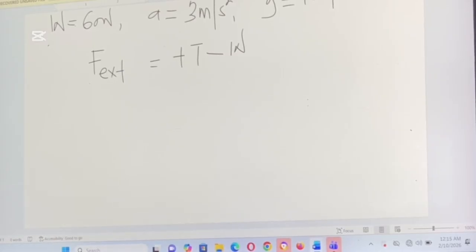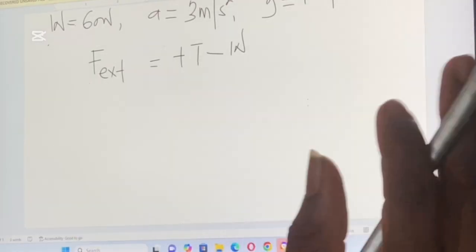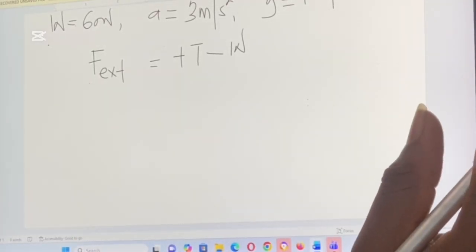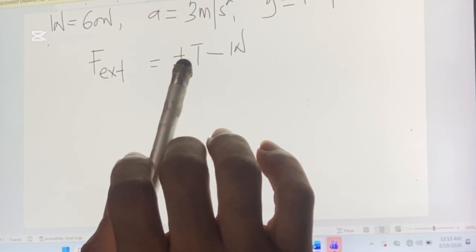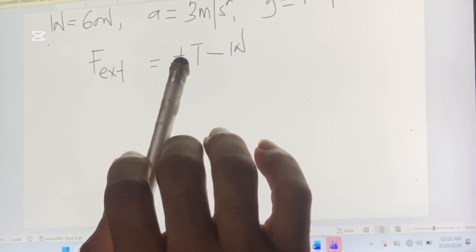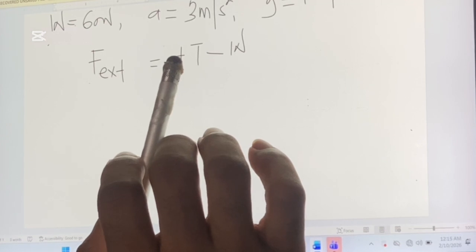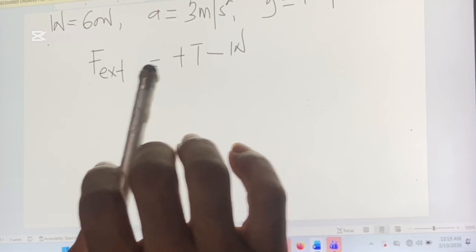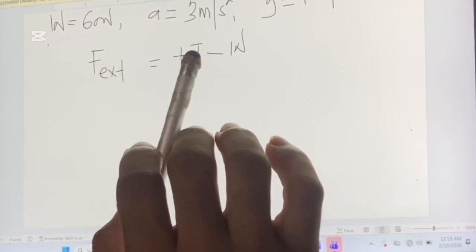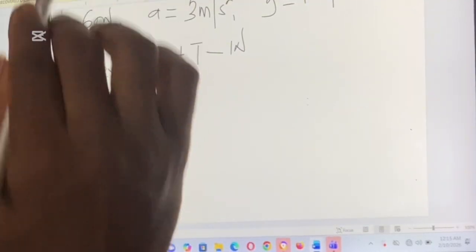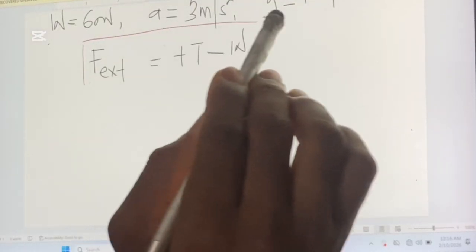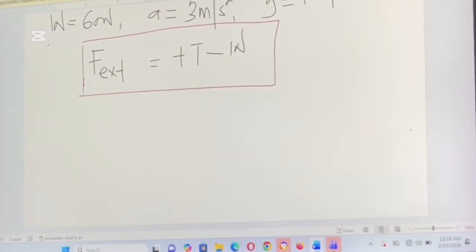If the equation is saying downwards, that means the elevator is going down, so the external force should be acting down. After that, the external force will be equal to the forces acting in the direction of the external force. If a force is acting in the direction of the external force, it will be positive. If it is acting in the opposite direction to the external force, it will be negative. Please take note. So this is the equation for this elevator given to us here.